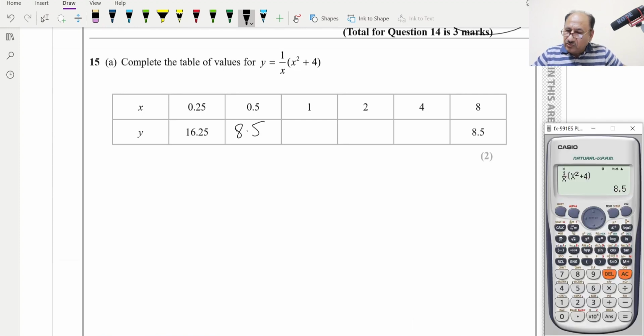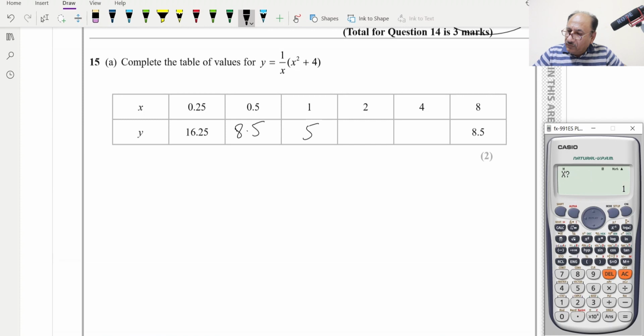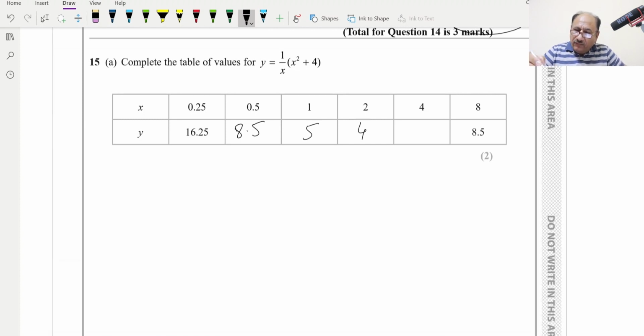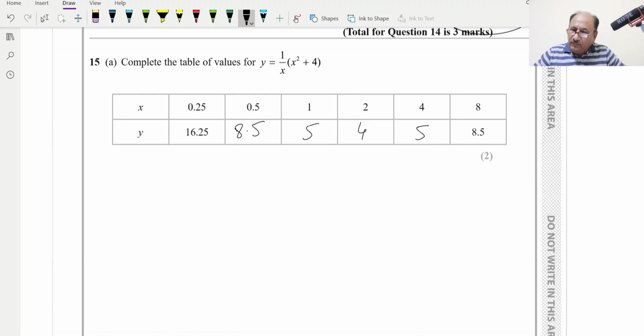Next value is for 1, calculate for 1, and this is equal to 5. Then for 2, calculate for 2, and this is equal to 4, so we can write here 4. Then next, calculate for x is equal to 4, and this gives us 5, so we can write here 5, and this is basically done.